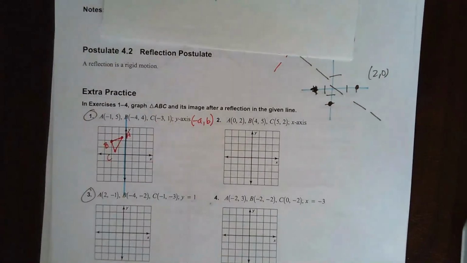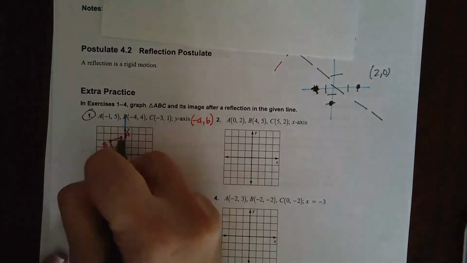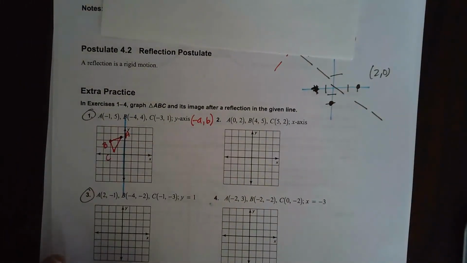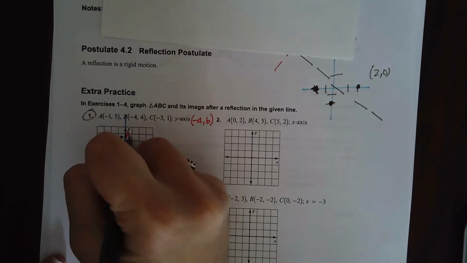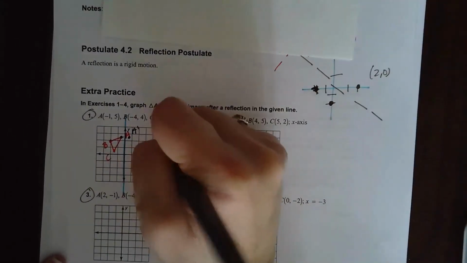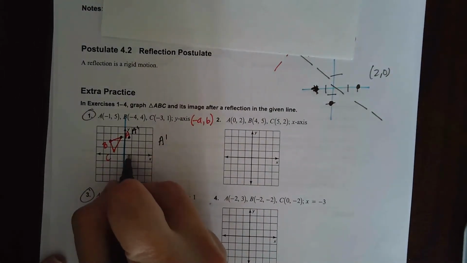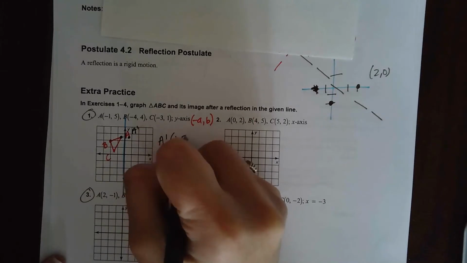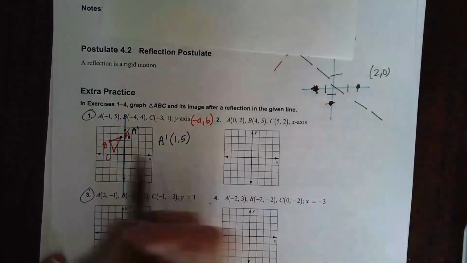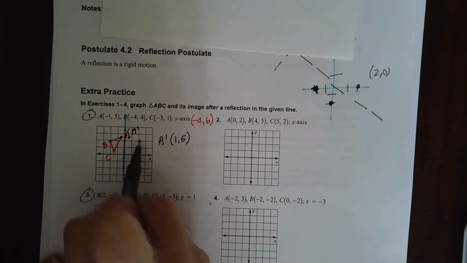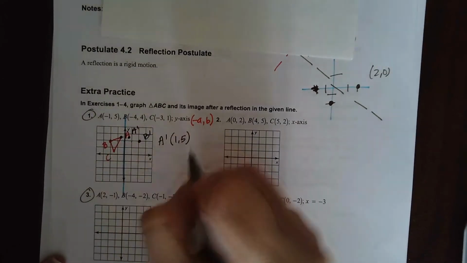I'll show you how. If I'm going to take point A, and I know it's 1 space away from my line, I'm going to reflect it. That means A prime has to be on this side, at the point 1, 5. And then B is 4 spaces away, so 4 spaces this way, and this is B prime.